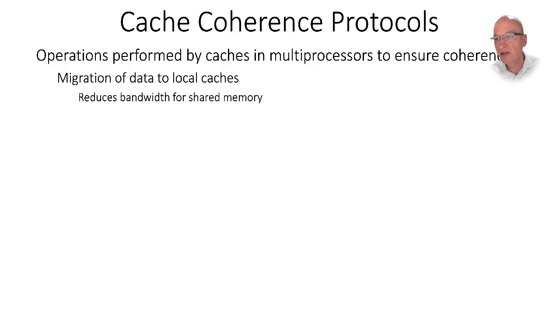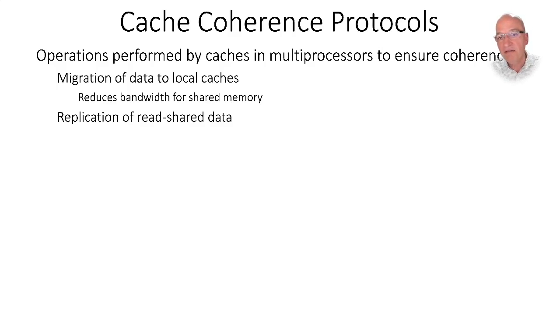If a processor writes a new value, that new value can be propagated to the cache of another processor without having to write it back to main memory. We study cache coherence protocols in great detail in 429. This is just a very high-level overview to give you an idea of how coherence is done.